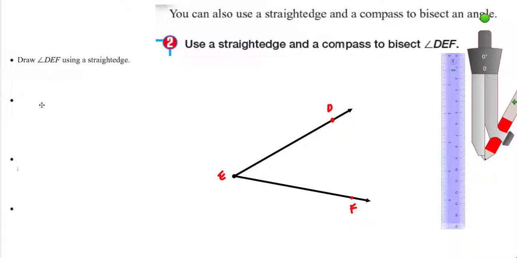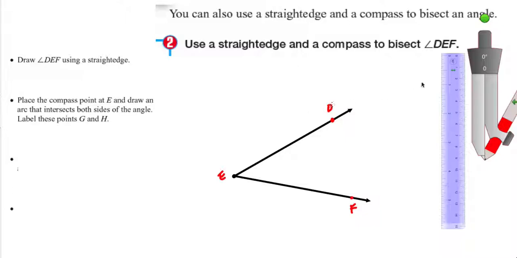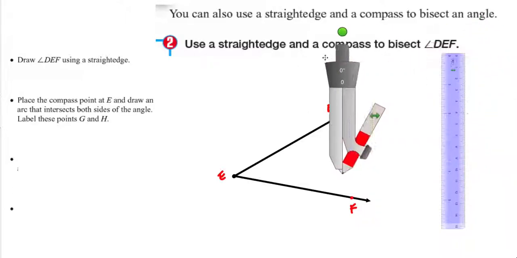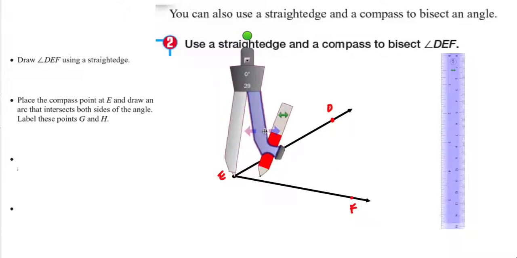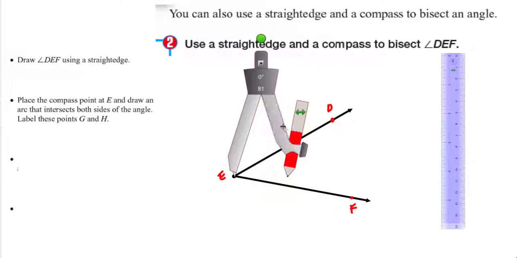Now the second step: place the compass point at E and draw an arc that intersects both sides of the angle. Label these points G and H. So get your compass, put it on point E, and make an opening. It doesn't matter how big. We'll change the color of that opening to blue, and draw an arc that intersects both sides of the angle.